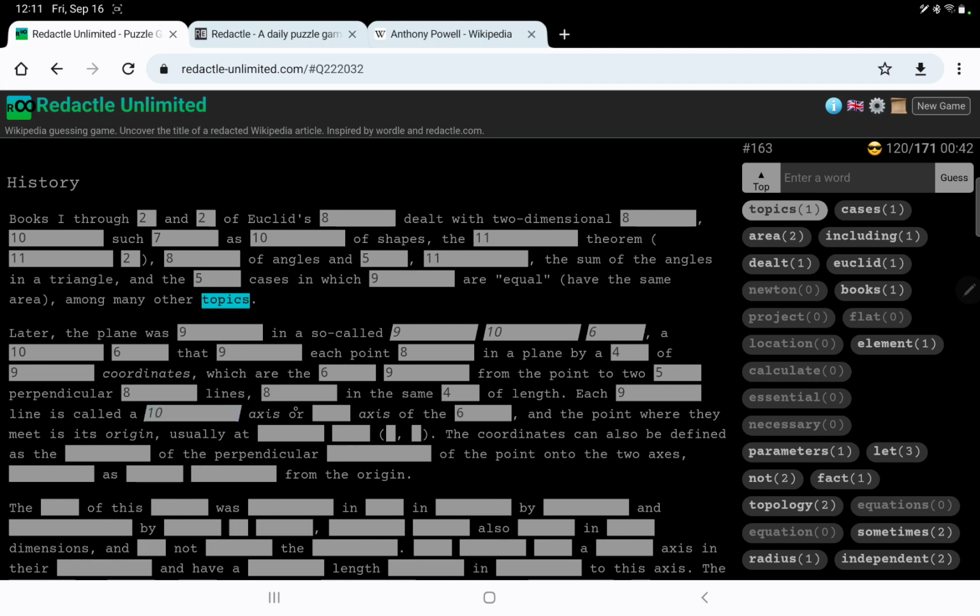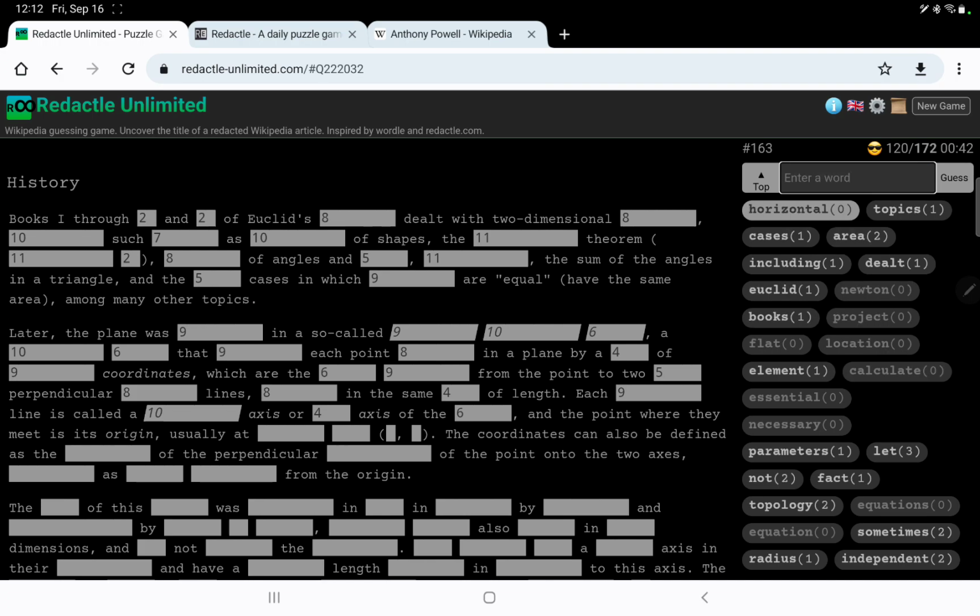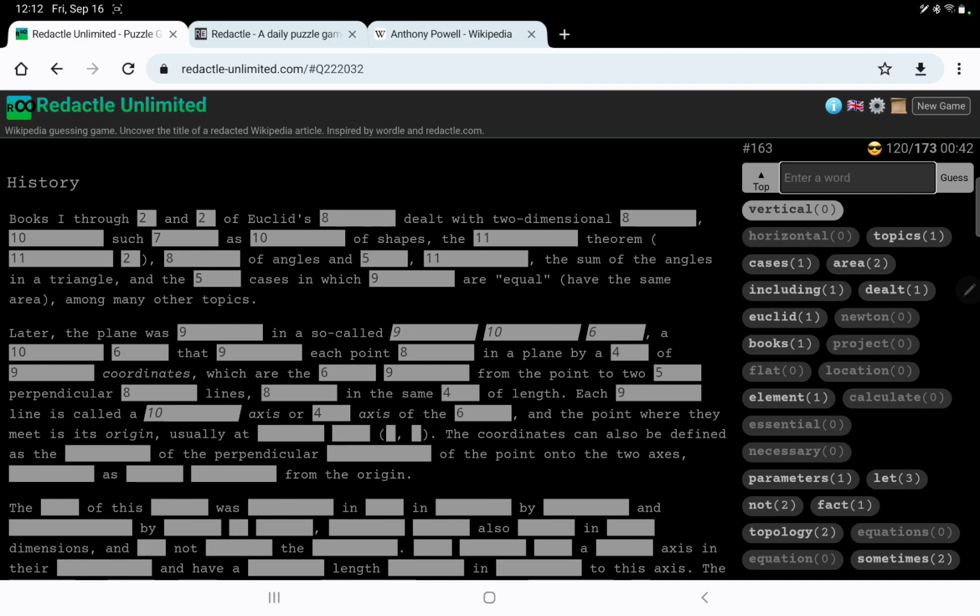Each 9 line is called a 10 axis, or let's do horizontal and vertical. No. Let's do vertex. One vertex.